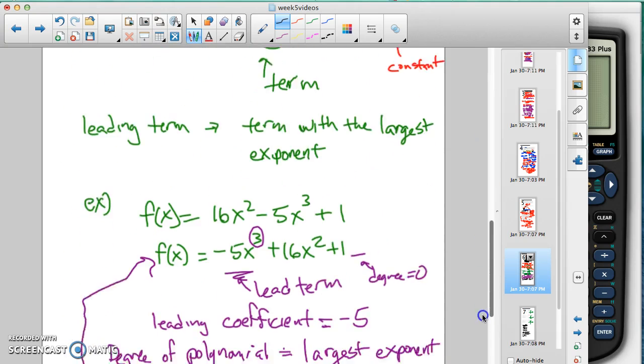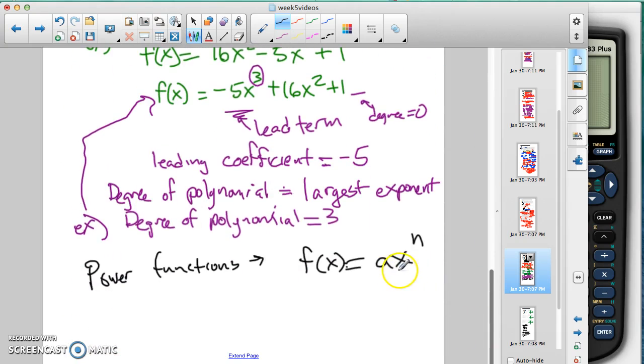It's just basically the lead term. We think of the power function as one of the lead terms. Each polynomial function has several power functions involved in it, but the power function is just a coefficient times x to a power of n, where n is an integer that's greater than or equal to 0.